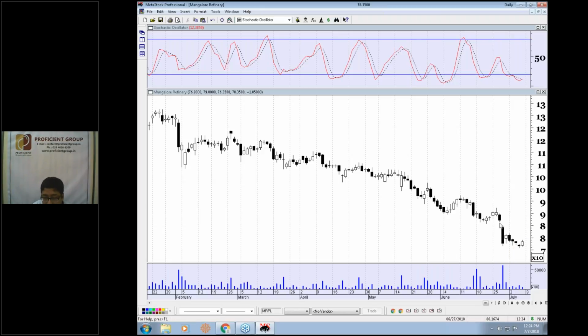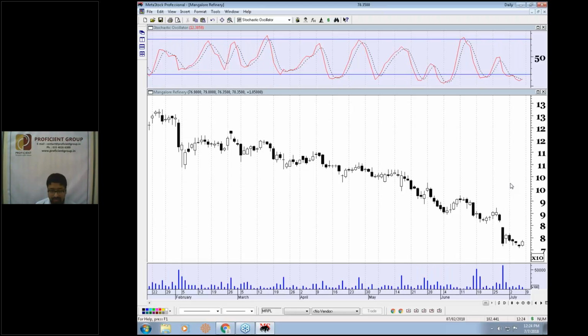These kinds of breakdown gaps that occurred in the last week of June are extremely meaningful to say that there is much more downward steam left in the stock. So any pullback in Mangalore Refinery or MRPL is also a good selling opportunity.